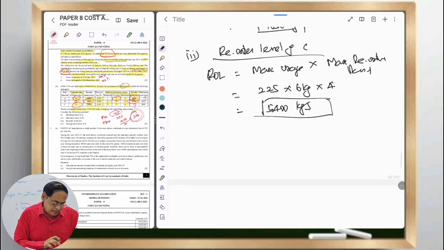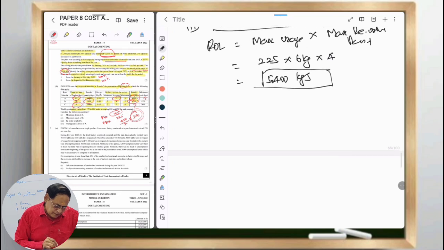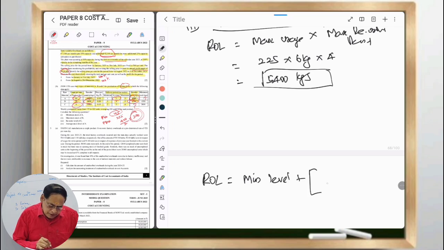For example, in order to find out the reorder level, you can use the minimum stock level also. So minimum level plus average consumption. Average consumption means average rate of consumption into average period, I mean reorder period.